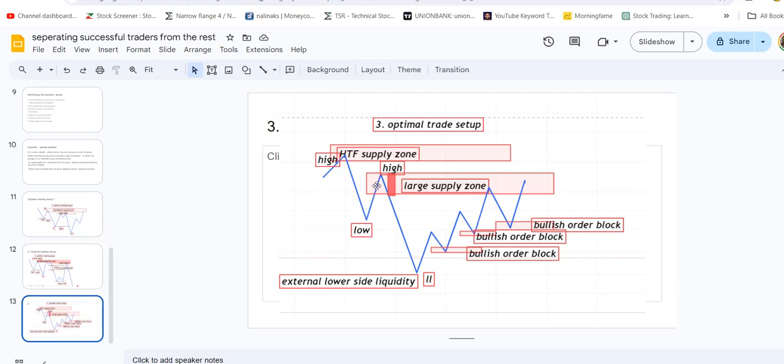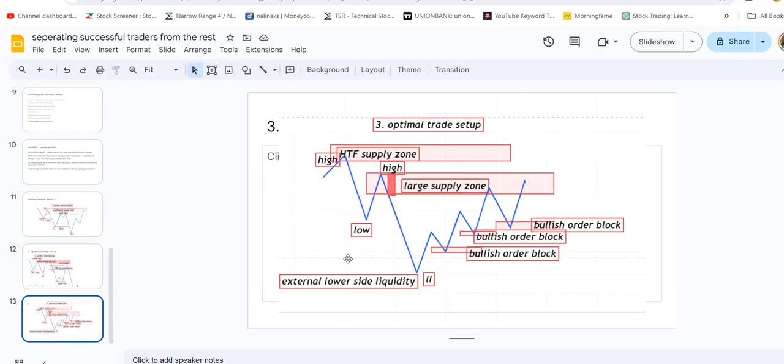After that, it rallies. It made a low, and it rallies, and it will have a large supply zone with a single candle.